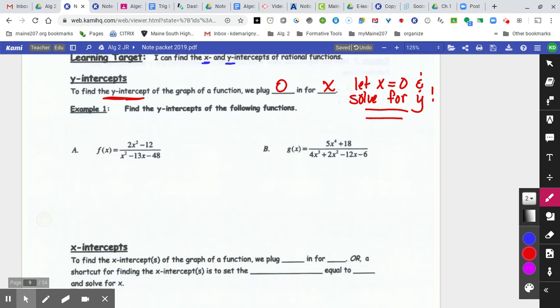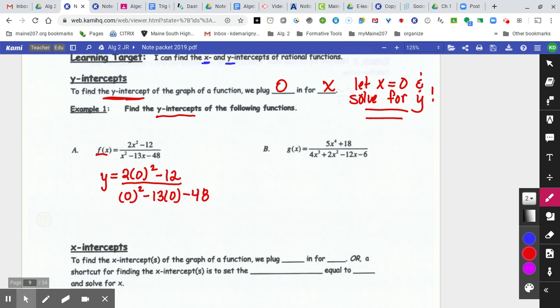So example number 1, letter A, asks you to find the y-intercept of each of the following. What I'm going to do is substitute the value of 0 in for every x that I see. Now, f of x, remember, is your y equals. So I have 2 times 0 squared minus 12 over 0 squared minus 13 times 0 minus 48.